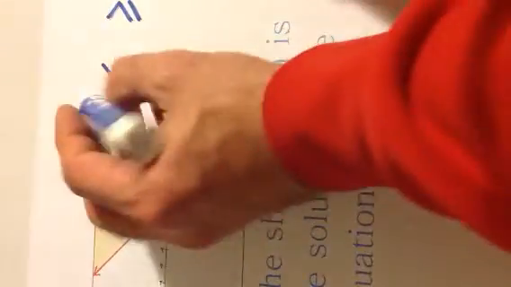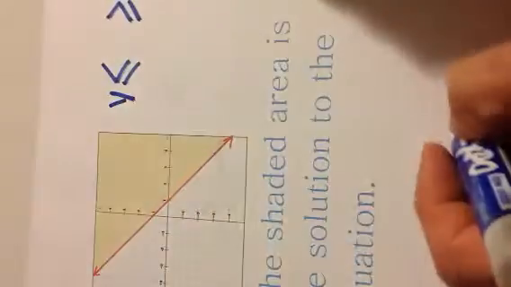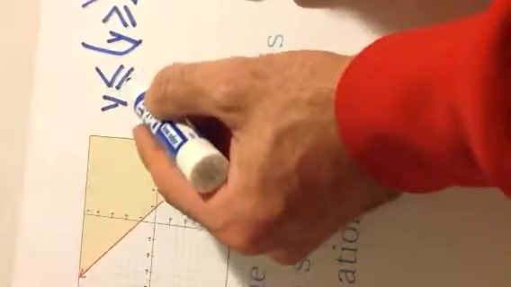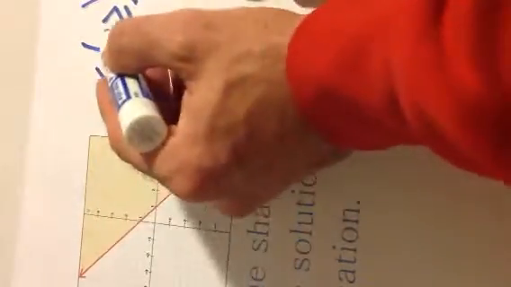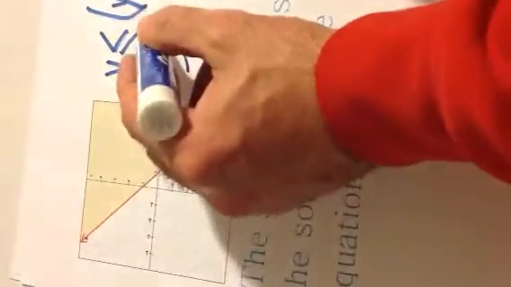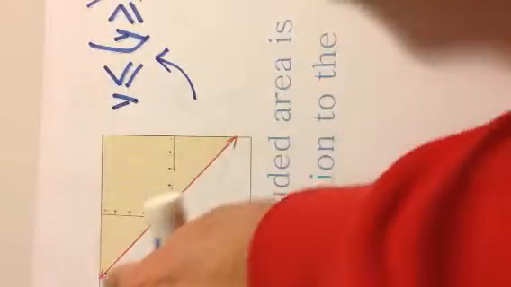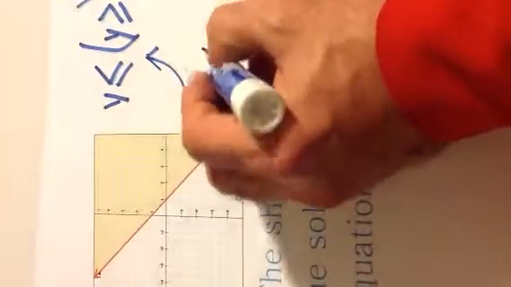So y could be less than or equal, or y could be greater than or equal. So remember, if it's a solid line, you're using these inequality signs because you can include the solution on the line. But if you see a dotted line, you'll use these inequality signs.